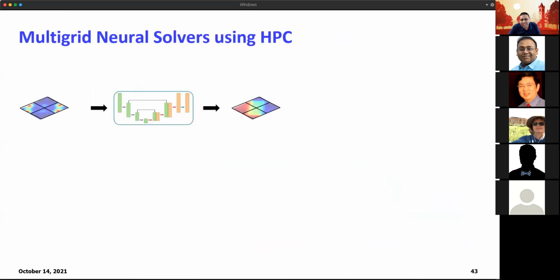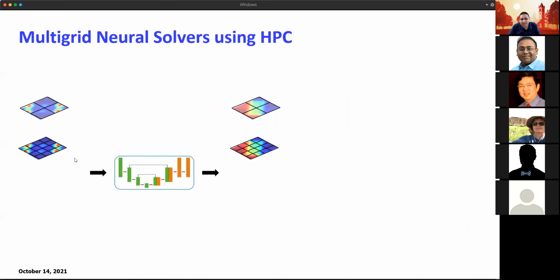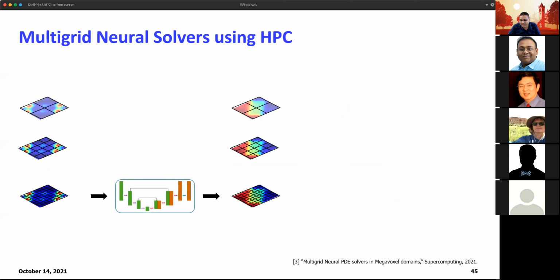And then we have coupled that with some multi-grid approaches where you can solve this at different scales, going back to my original idea of multi-scale modeling. You can solve it at a coarse scale, use that solution to solve it at a finer scale and keep doing that.